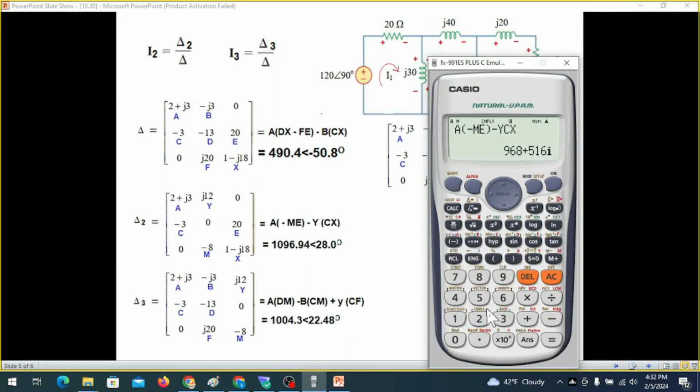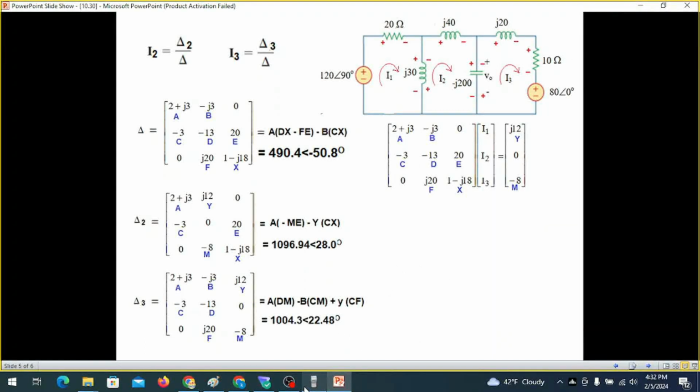Shift, there is complex, 3 for R theta, equal sign. So this is 52 under root something, so we'll just press SD. And now you can see it has 1096.94 and angle 28.0. The second one is done.